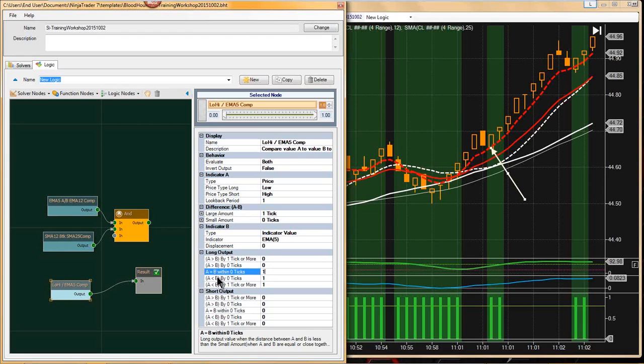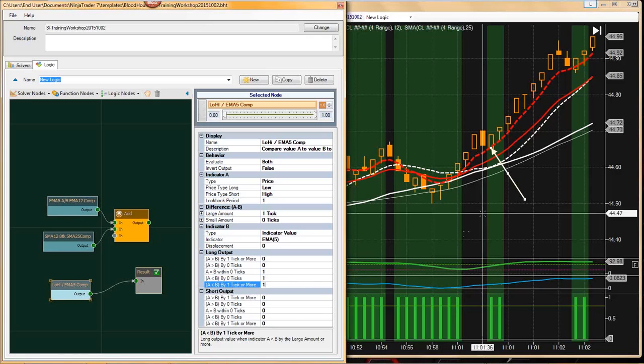Or if the low price is less than the EMA 5 by 0 ticks, we want a long output. Or also if the low price is less than the EMA 5 by 1 tick or more, we still want a long output.